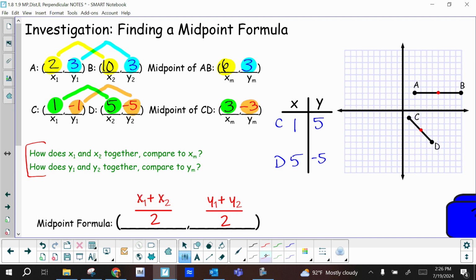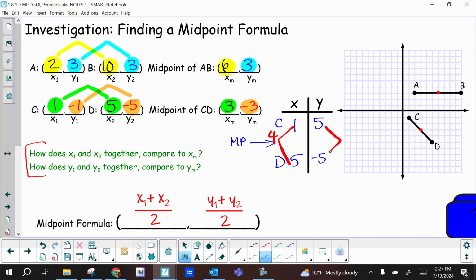Something to look at in terms of discovering the midpoint: the midpoint is right there, exactly in the middle. Now, check out the differences between 1 and 5. How far apart is 1 to 5? It is 4 units.